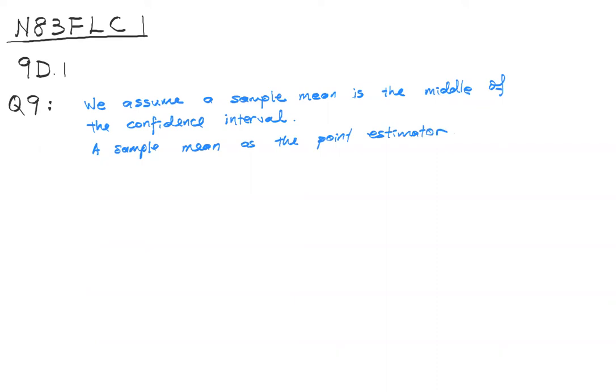So that means this is your confidence interval. This is the lowest. This is the highest. So your sample mean is here, in the middle. So that is the meaning.